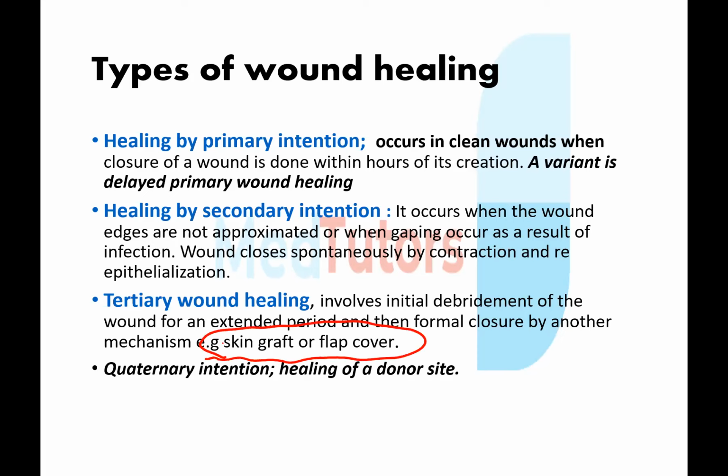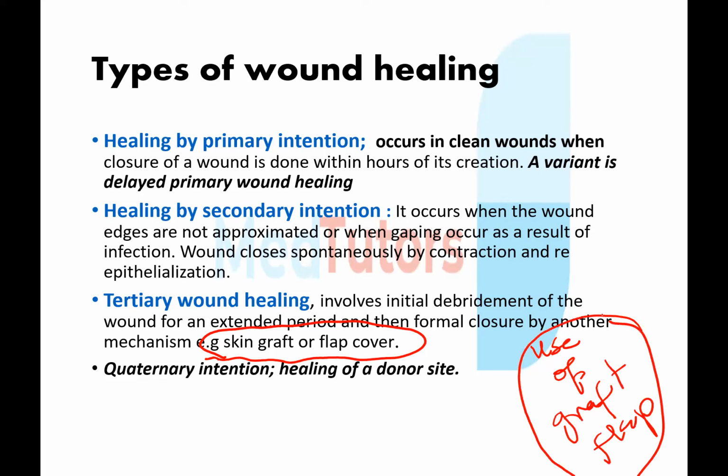So when you say healing by tertiary intention, it involves use of either graft or flap to cover a wound, to cover a defect. Then you allow the wound to heal. That is healing by tertiary intention. Of course, if the wound is dirty initially, you have to debride and devitalize.